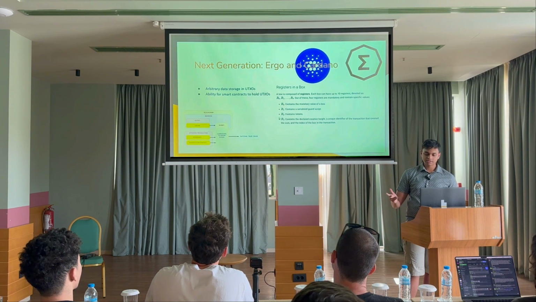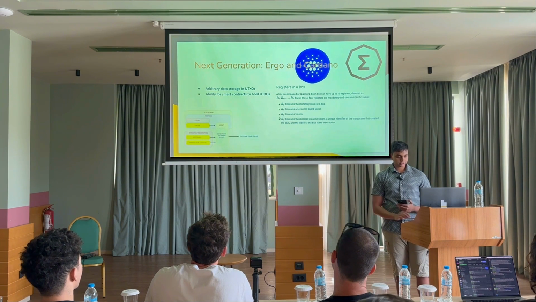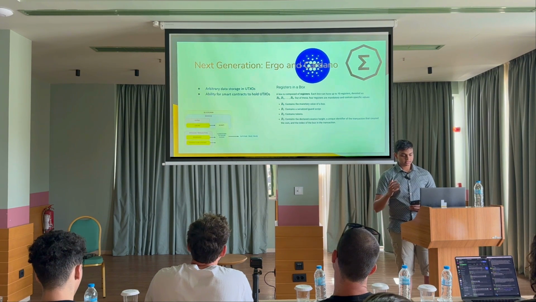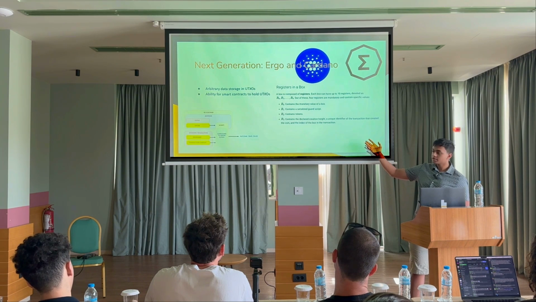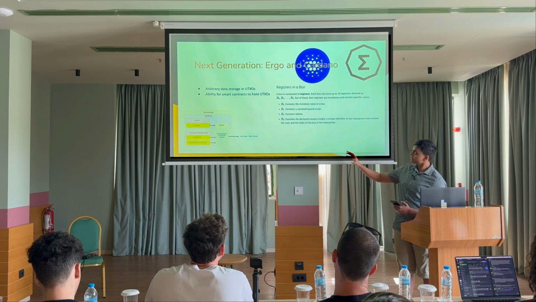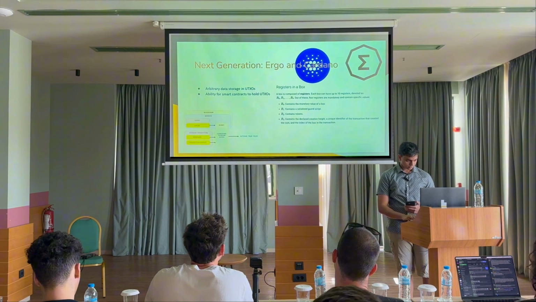Then R2 declares native tokens, and R3 declares some context data, like creation height, the transaction or UTXO ID, etc. The remaining R4 through R9 can store any arbitrary data, and smart contracts in the guard script have access to that context. So this is the basic data structure of the next generation, Ergo and Cardano.